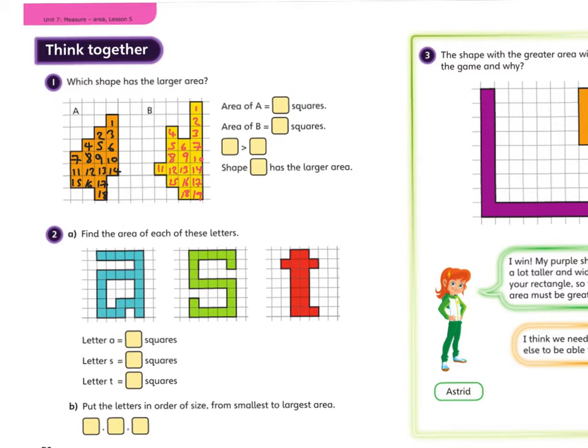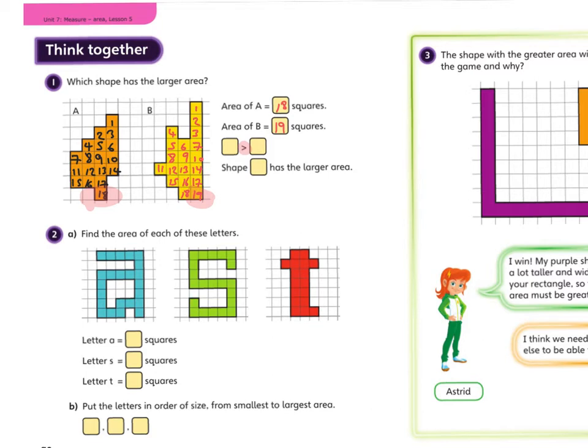So this shape has 18 squares, this shape has 19 squares, so we know that shape B has the larger area. And if we write it down over here, the area of A is 18 squares, the area of B is 19 squares, so this symbol, if you remember, means greater than.